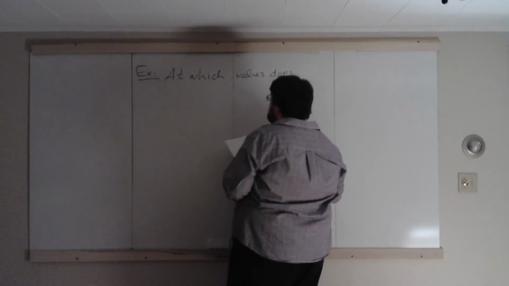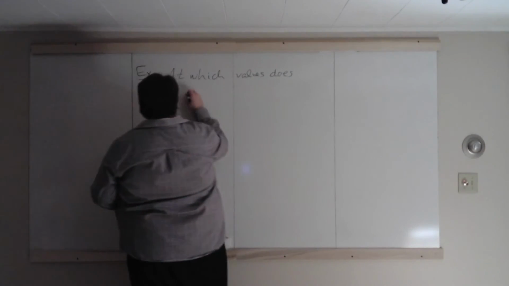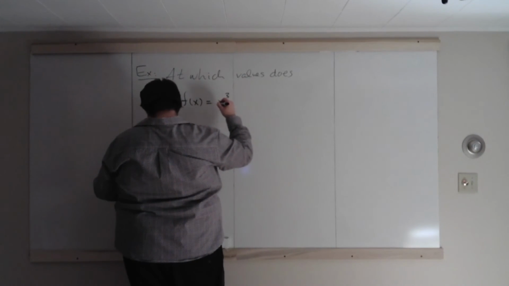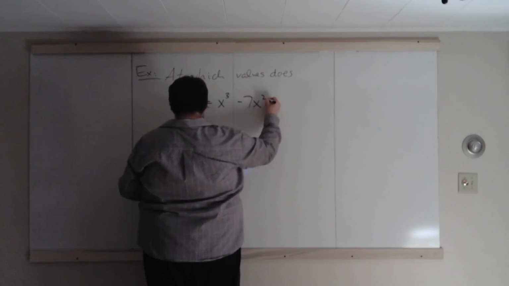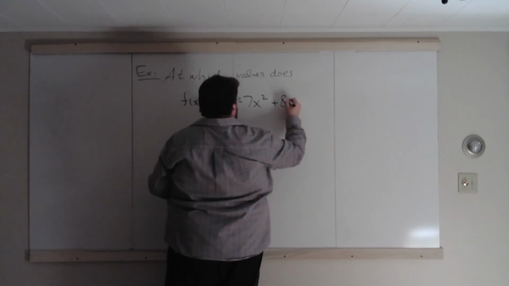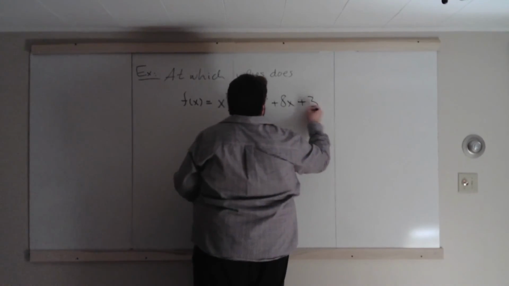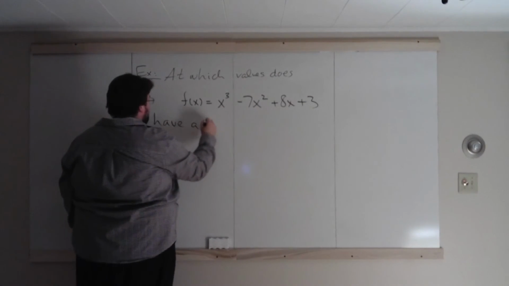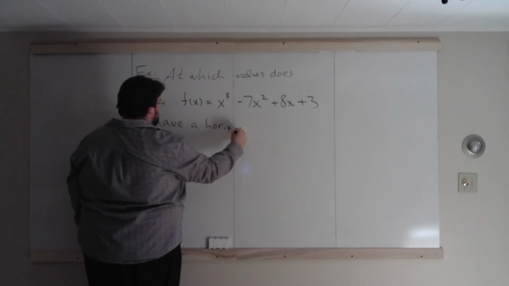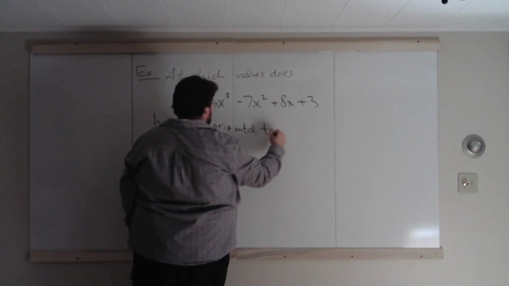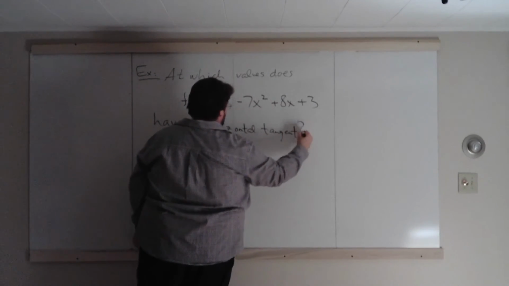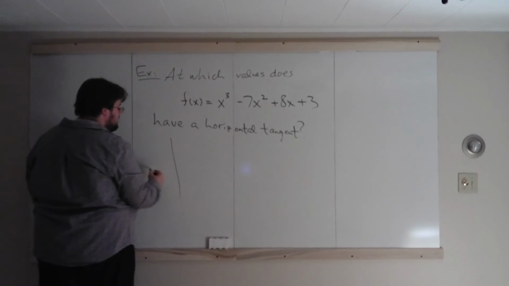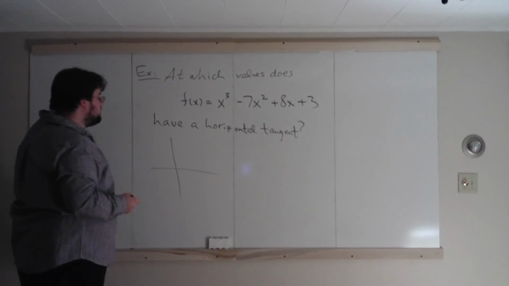Another type of question we could be asked: at which values does this function have a horizontal tangent? Well, what does a horizontal tangent look like? It's always nice to have a visual in calculus for what you're actually trying to find.